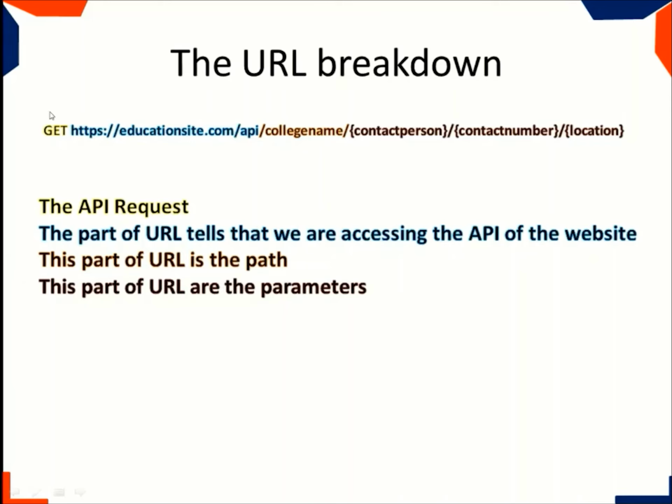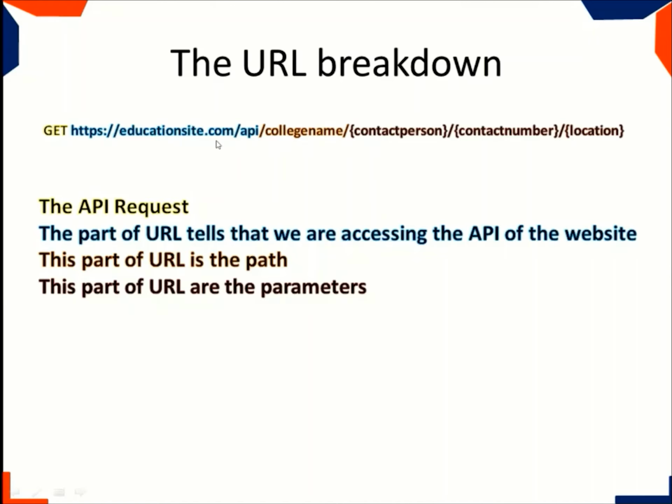Your first part is the HTTP method that you're going to use. So let's say get or post or whatever you want to do, you will put it here. And then the website address comes through.